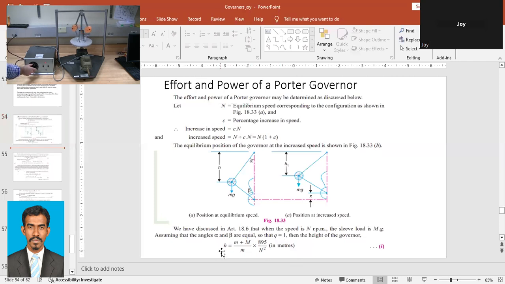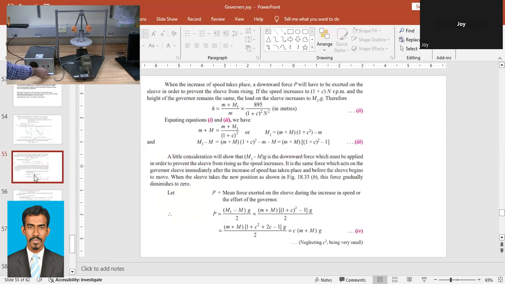So at equilibrium speed, this is the condition, because we use N here. What will happen at the increased speed? The speed is N into (1 plus c). When the increase of speed takes place, a downward force P will have to be exerted on the sleeve in order to prevent the sleeve from rising.